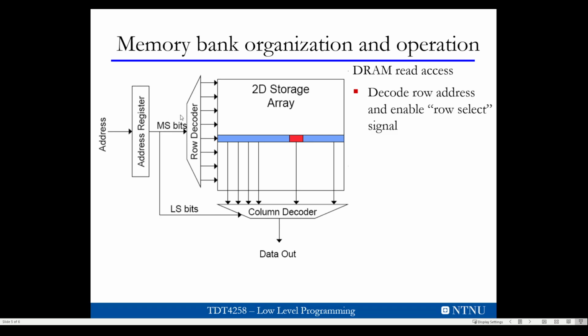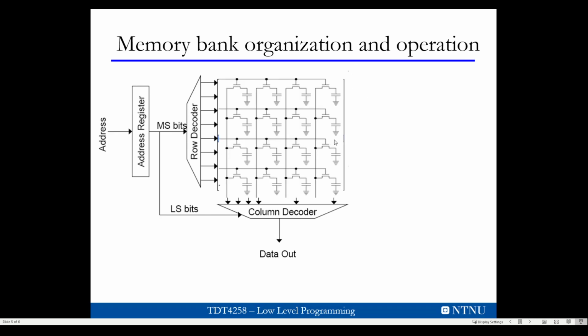Then this row address is decoded using a row decoder, and what it tells is, out of many rows in this array, which one do we want to access. Based on these bits, one of the rows is activated. What that means is all the cells in that row are now activated. We are reading the value stored in all of these capacitors.